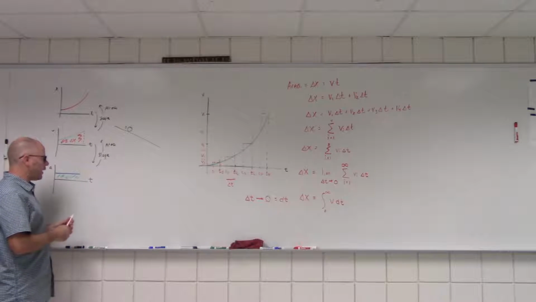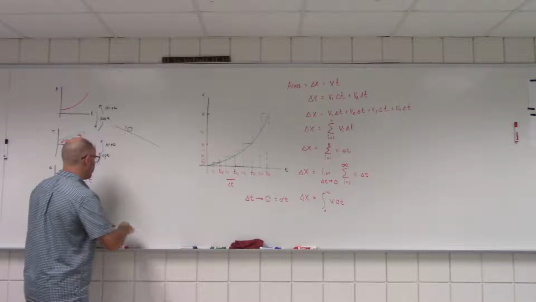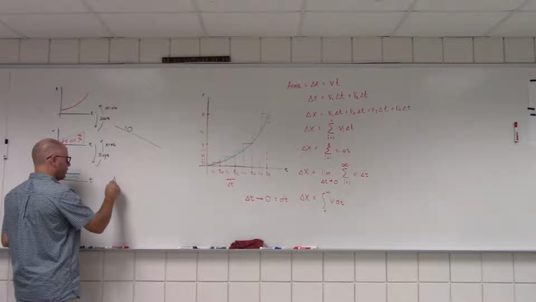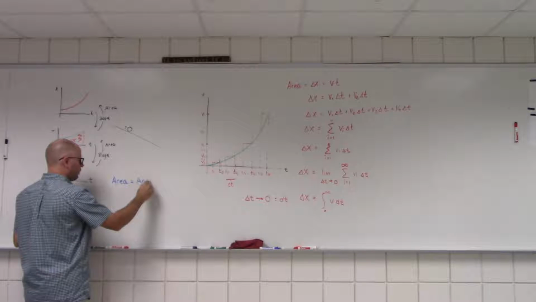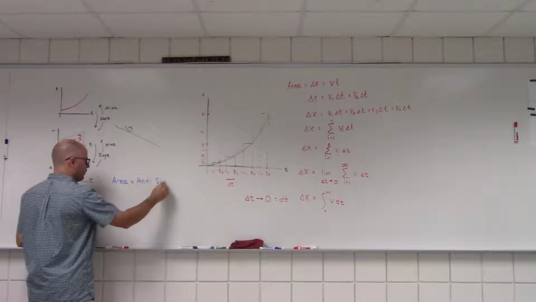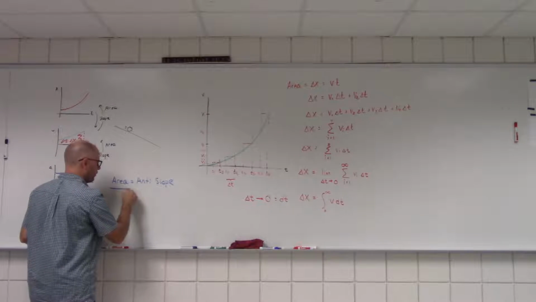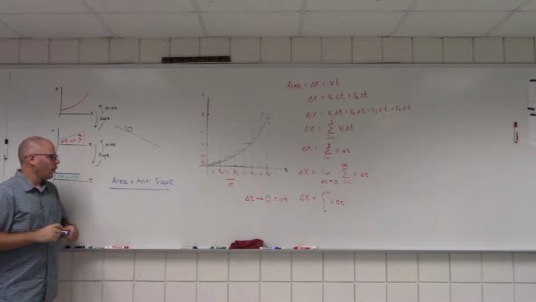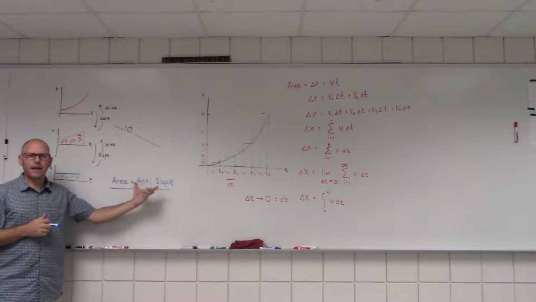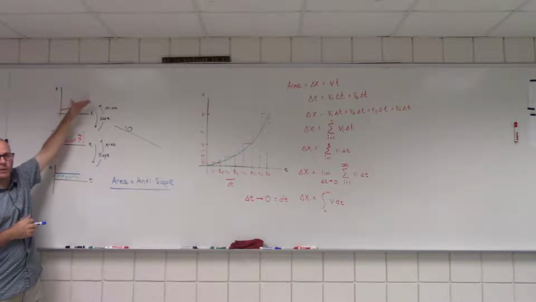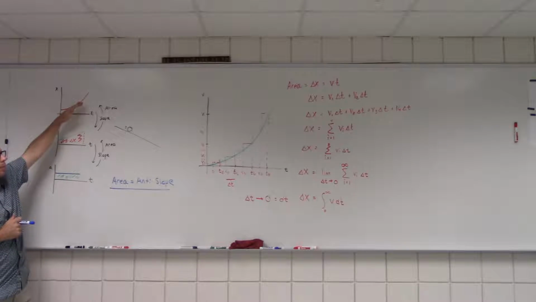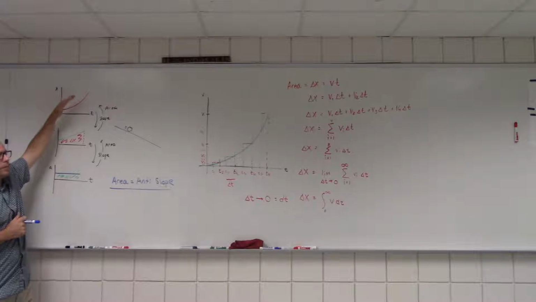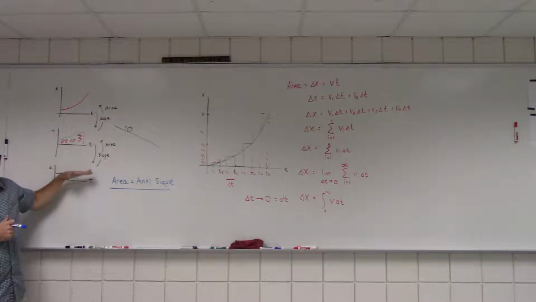So the way we express this, we say that the area is the anti-slope, because the slope takes you from position to velocity and velocity to acceleration.